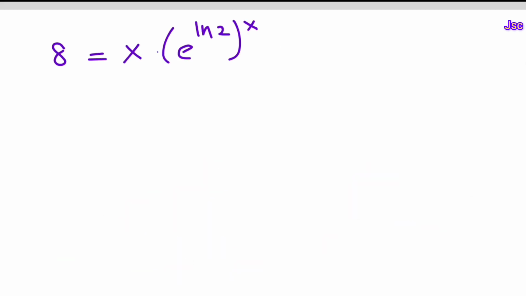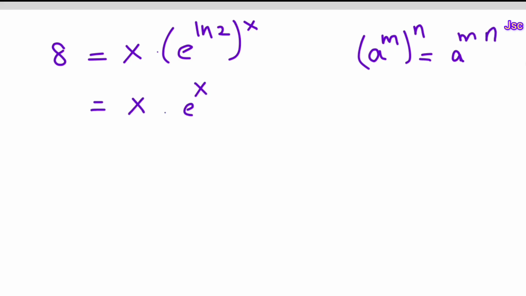Now this (e^(ln 2))^x is in the form of (a^m)^n. We can write this as a^(mn). So we can write this as e^(x ln 2). Our Lambert function is of the form a times e^a. Now after converting 2 as e^(ln 2), this time our a is changed.